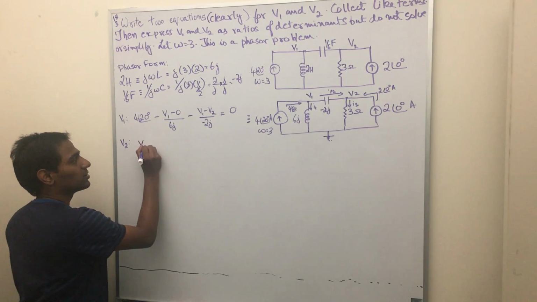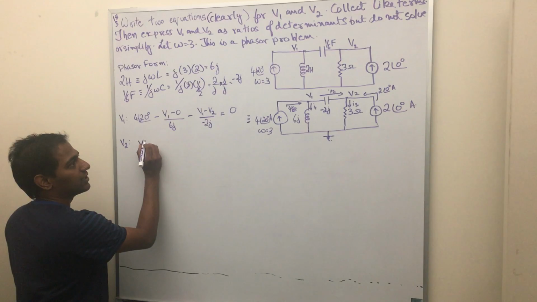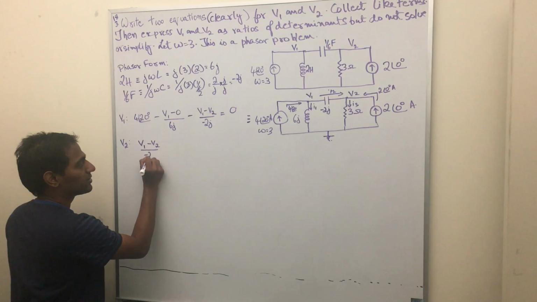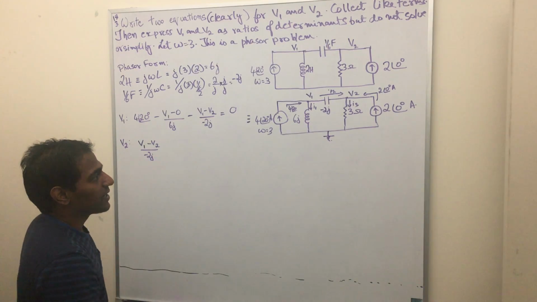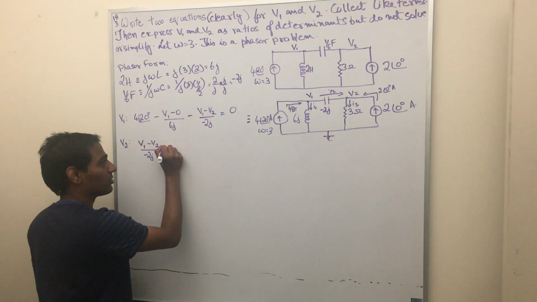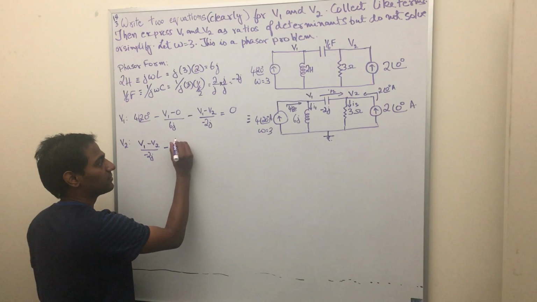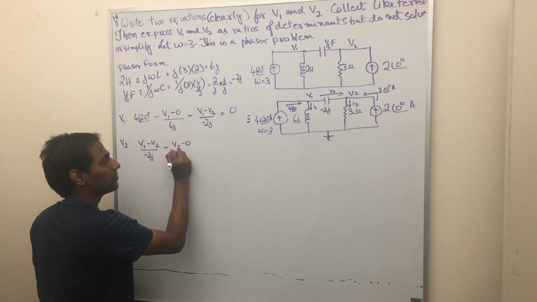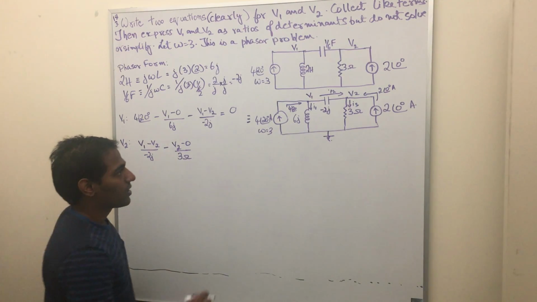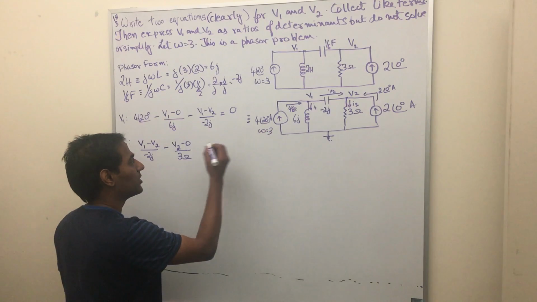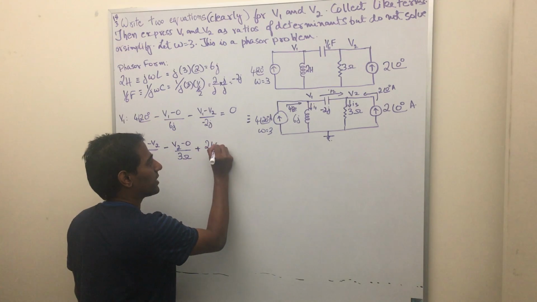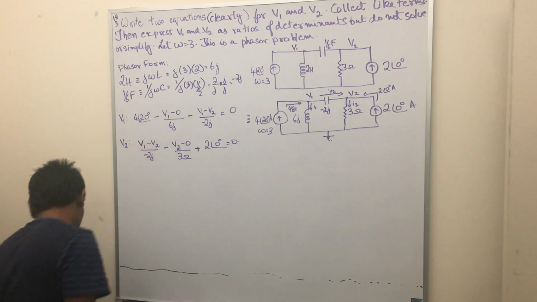I2 is V1 minus V2 divided by minus 2j, and I3 flows from V2 to ground, so it's flowing away from V2, so it's negative, with the resistance 3 ohm, and 2 at an angle 0 degrees is flowing into V2, so it's plus 2 at an angle 0 degrees, that should be equal to 0.